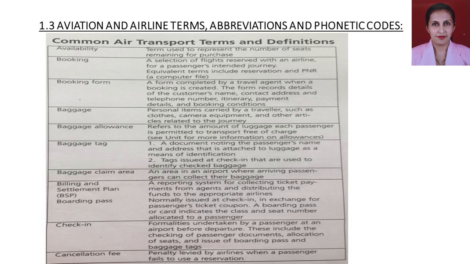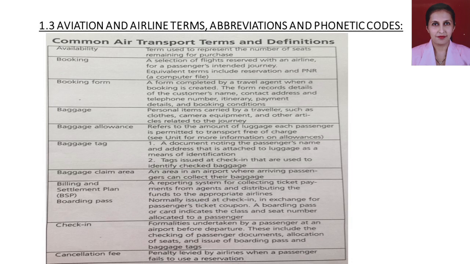So we'll first know about billing and settlement plan, whose short form is known as BSP. A reporting system for collecting ticket payments from agents and distributing the funds to the appropriate airlines. So here billing and settlement plan means it is a report.